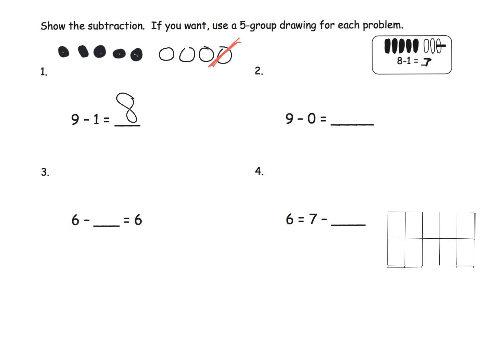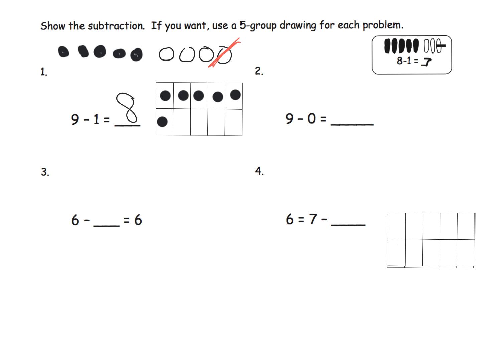Now, I would prefer to model it using the 10 frame. This is just the gospel of Duane, I guess, but I would model my 9 by doing it like this. You can see the connections between their picture, which is 5 dots plus 4 dots, and my picture, 5 dots plus 4 dots, right? There's the connection.